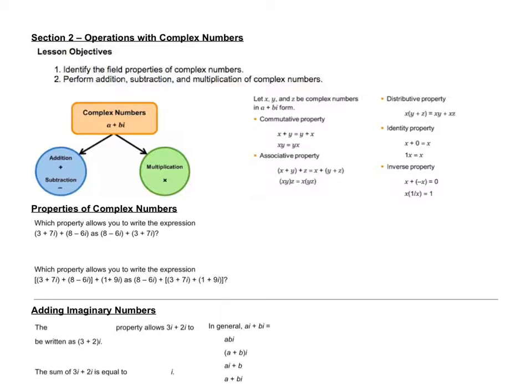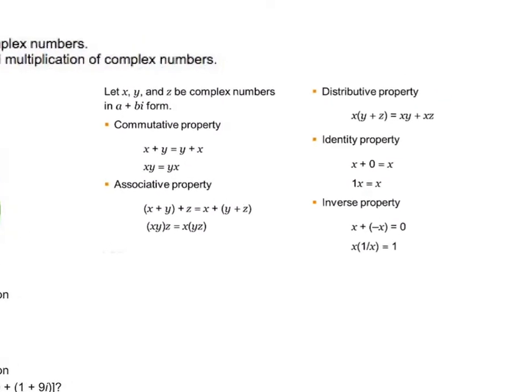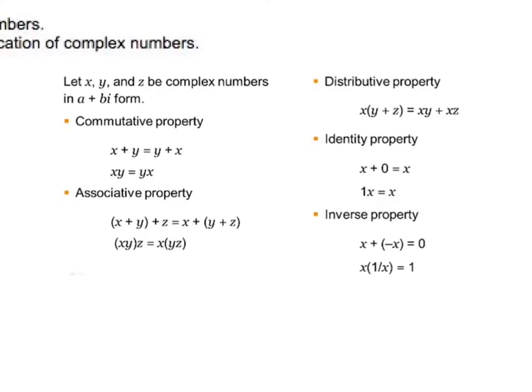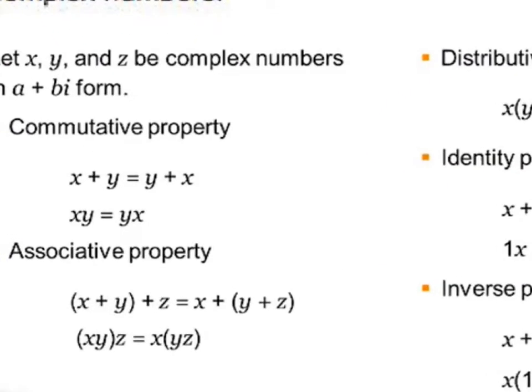We also need to know the properties. The commutative property means reorder, so we can reorder them. The associative property means we can regroup.